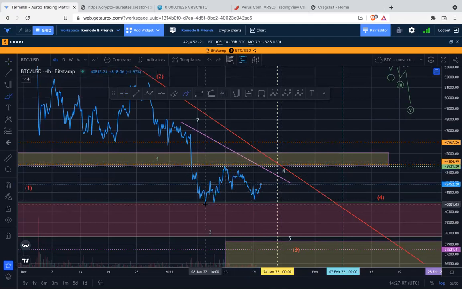Okay, if you want to start it here on the closing price chart basis, you have this type of elongated flat probably, and then you have this B wave, and now we're going to be making some form of C wave. Okay, I don't know exactly where it's going to go, but you see the idea.